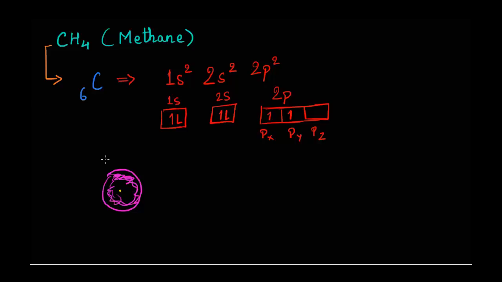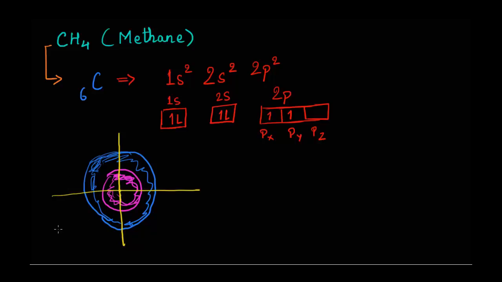Now I have the 2s orbital here, which is kind of a sphere, with two more electrons. To draw the p orbitals, let me draw the axes through the nucleus: this is the y axis, this is x, and this is the z axis.